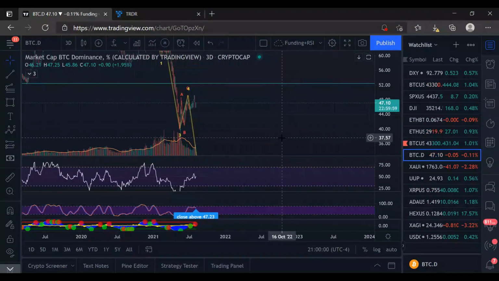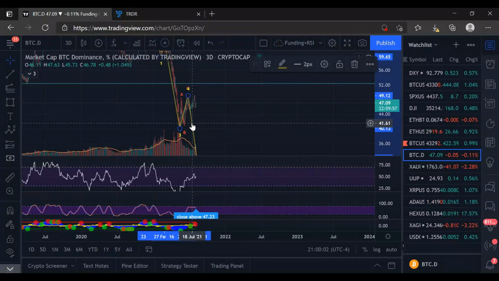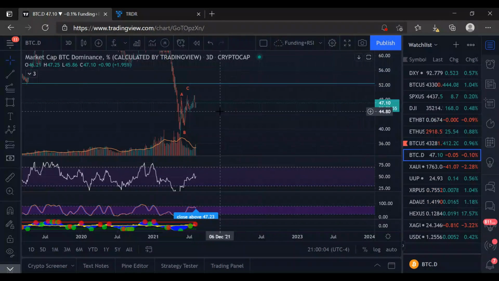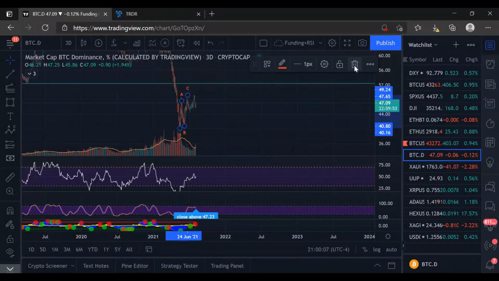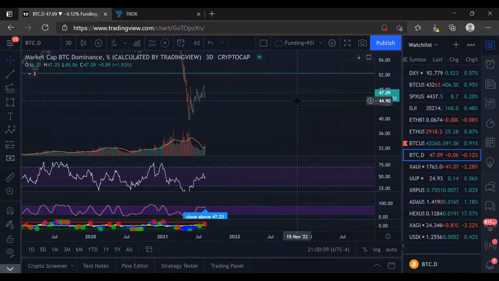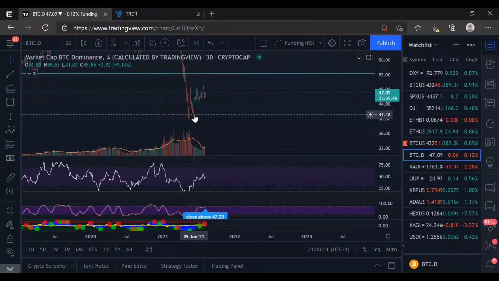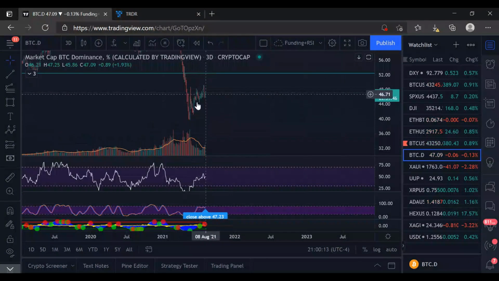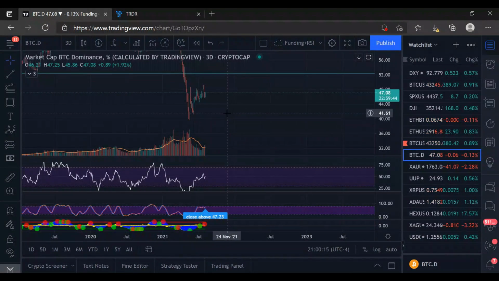No, that's not looking great anymore. That doesn't look done yet on the dominance. Looks like it wants a little more up.